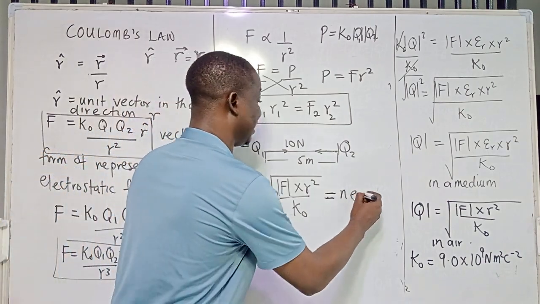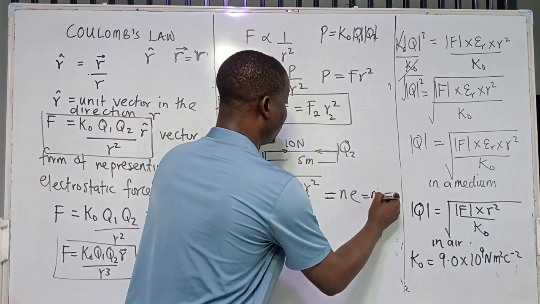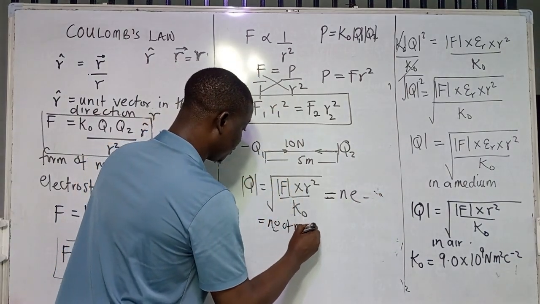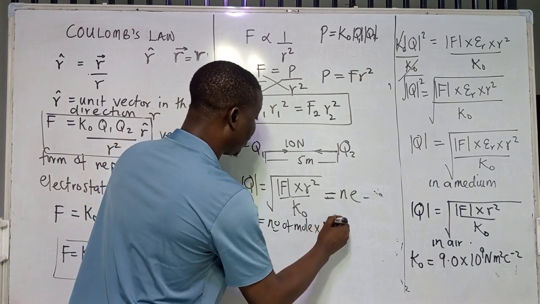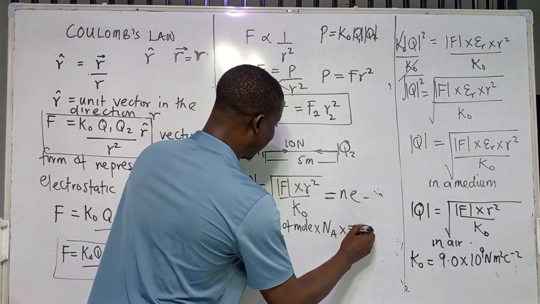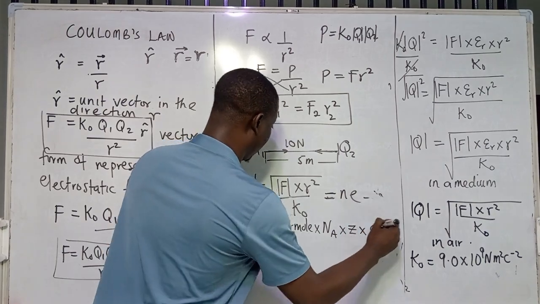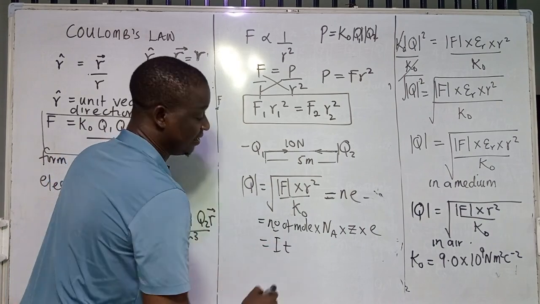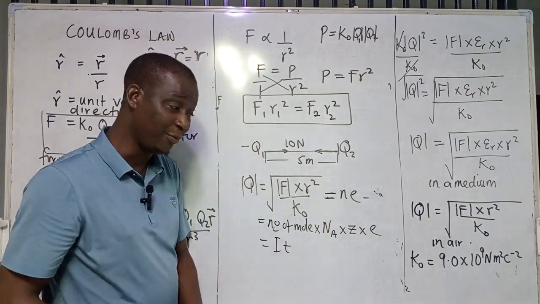It can even be related to the number of moles times Avogadro's number times Z, the proton number, times the electron charge. I gave you that, go and watch it. It can also be related to current times time. I gave you that.